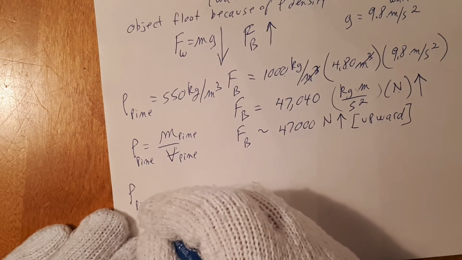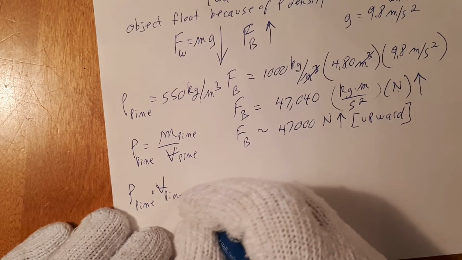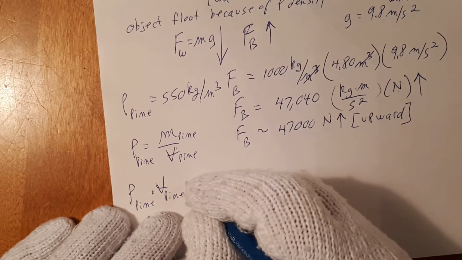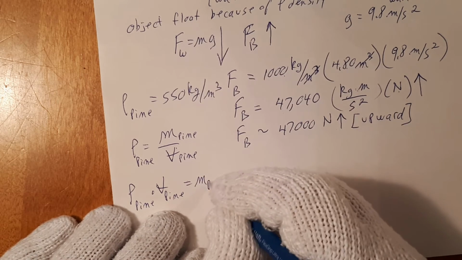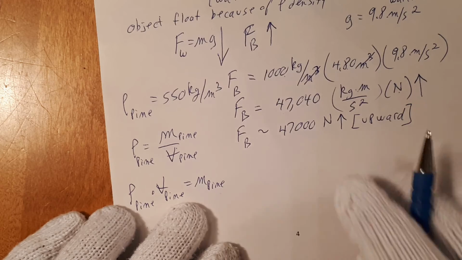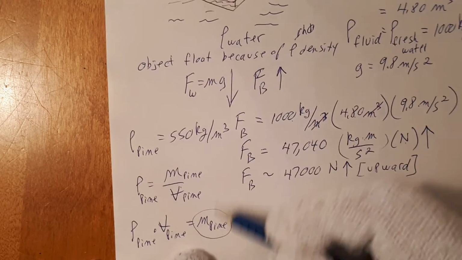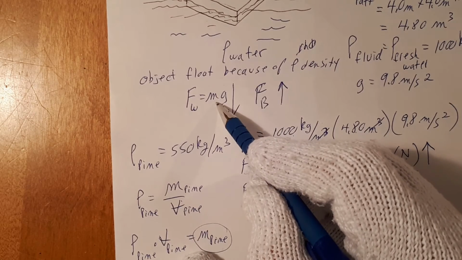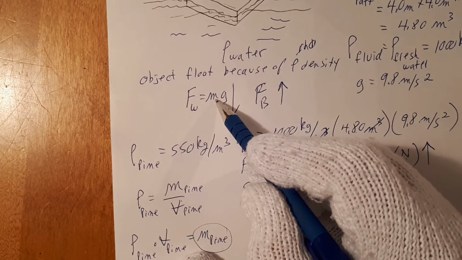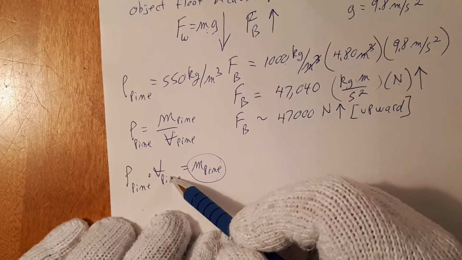Density of the pine times the volume of the pine raft is equal to the mass of the pine raft, or the pine wood raft. So this mass is equal to this one. I can substitute that with density and volume of pine.